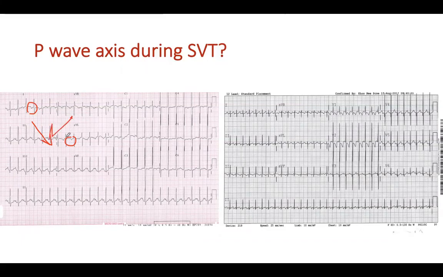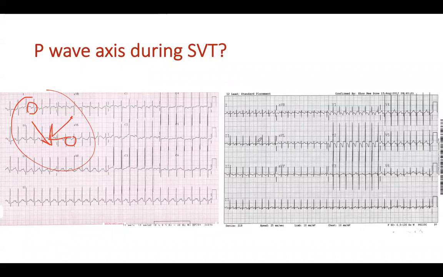So that P wave axis is not suggestive of AVRT. With AVRT, typically the axis would be more superior, not inferior.